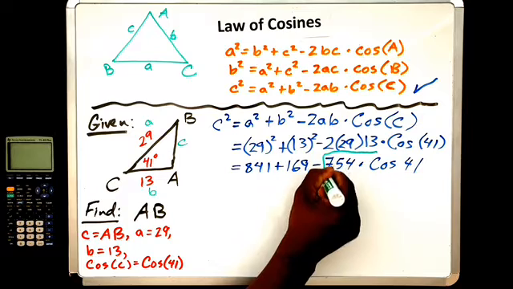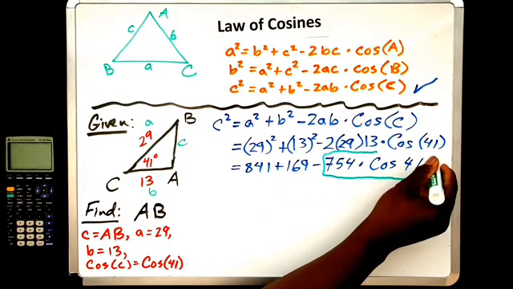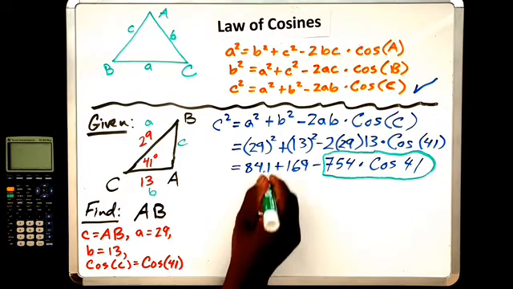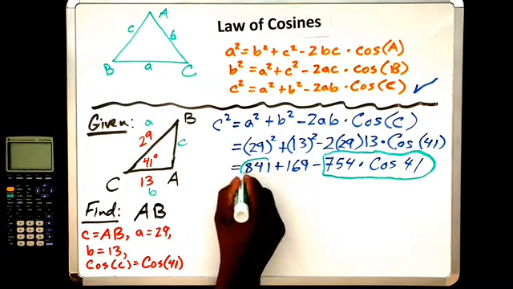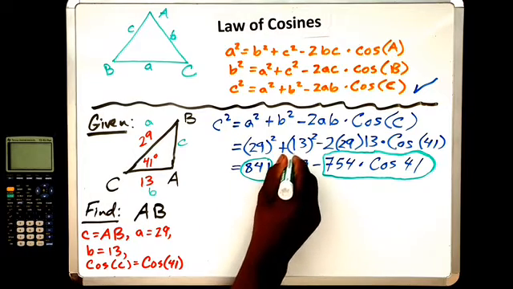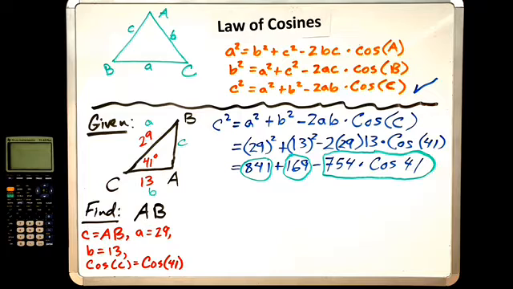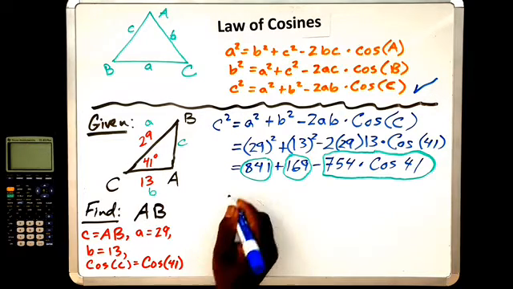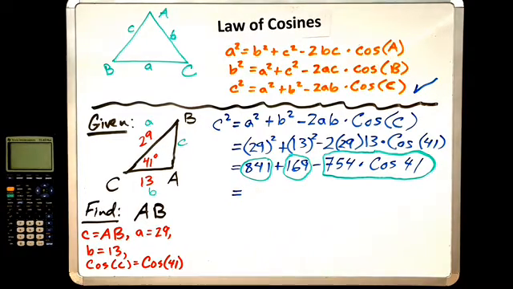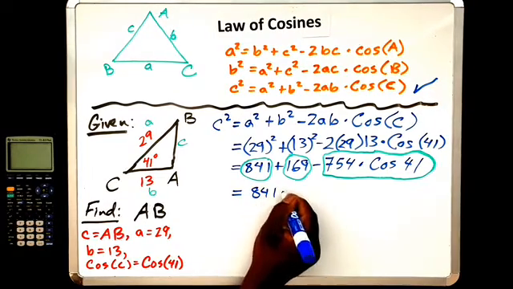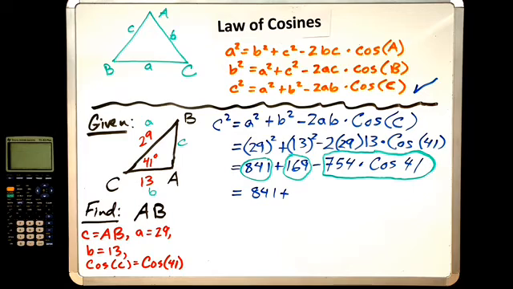Terms are separated by addition and subtraction. Okay, and you apply PEMDAS to each term, right? And this is a term, and this is a term. So there's nothing really to do to the first 2 terms, so we're just going to bring that down. 841 plus 169.